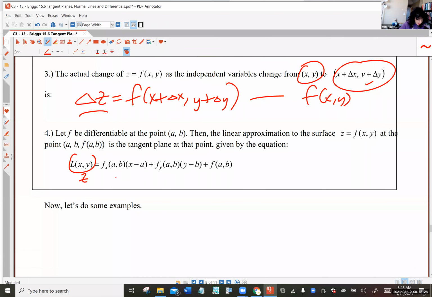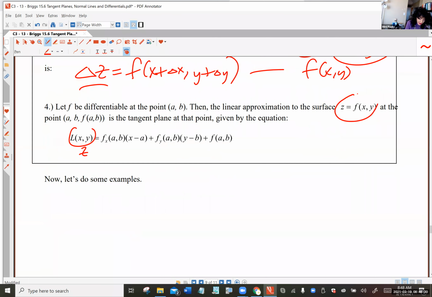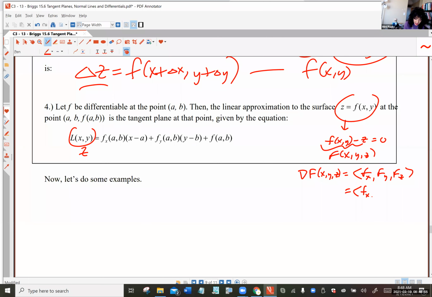If you'll recall, from last time, if you have a function z equals f of x, y, and you rearrange it to get everything on one side and 0 on the other, this is now called big F, which is a function of three variables. The gradient of big F, which is a vector, is fx, fy, fz, which is going to be whatever little fx is, little fy, and -1 for this function of two variables.